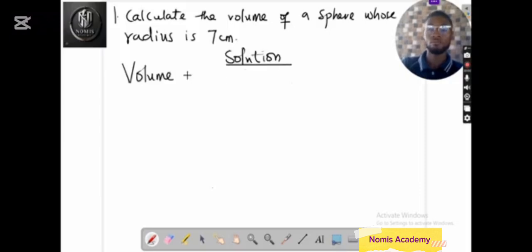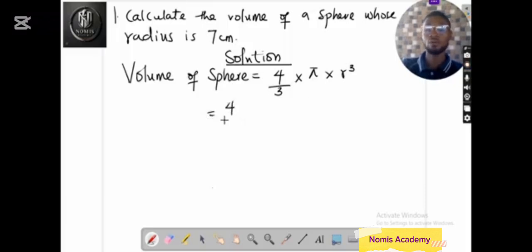Volume of sphere is equal to 4 over 3 multiplied by pi multiplied by r cube, since r is what is given in the question. So it becomes 4 over 3 multiply.